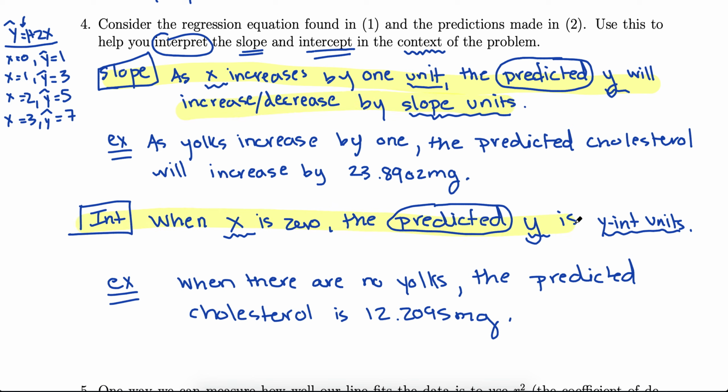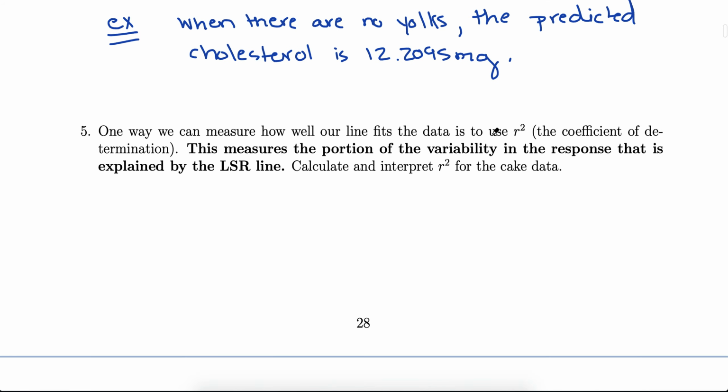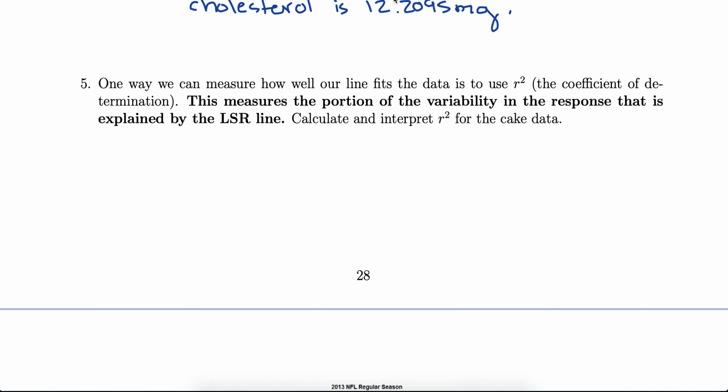All right, let's talk about one last topic on here before we pause for our second example. So for this particular topic, we're talking about this value of r squared.